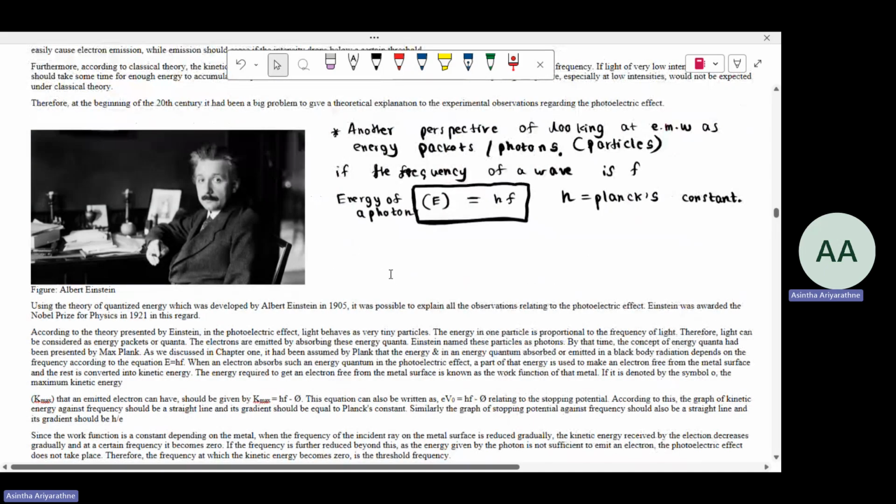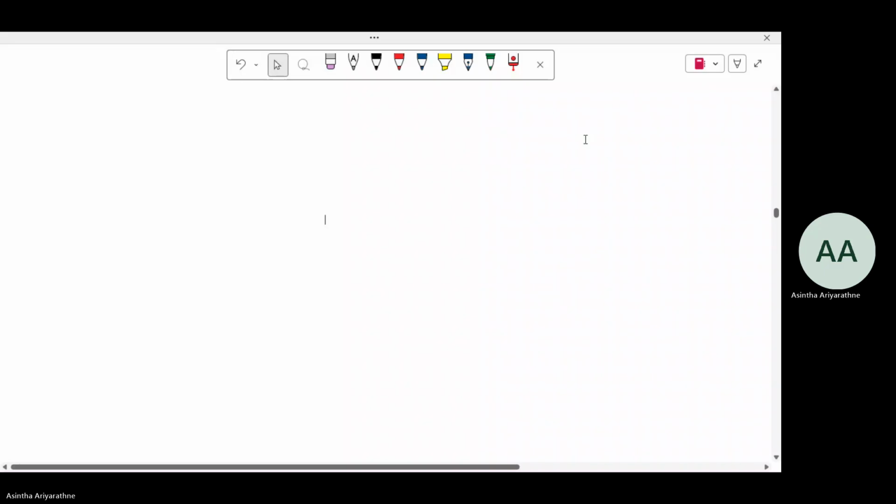Now look at some examples of the photoelectric effect.